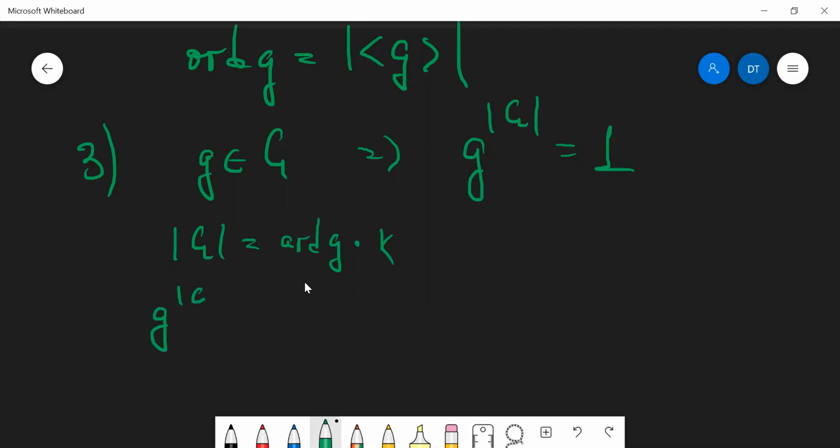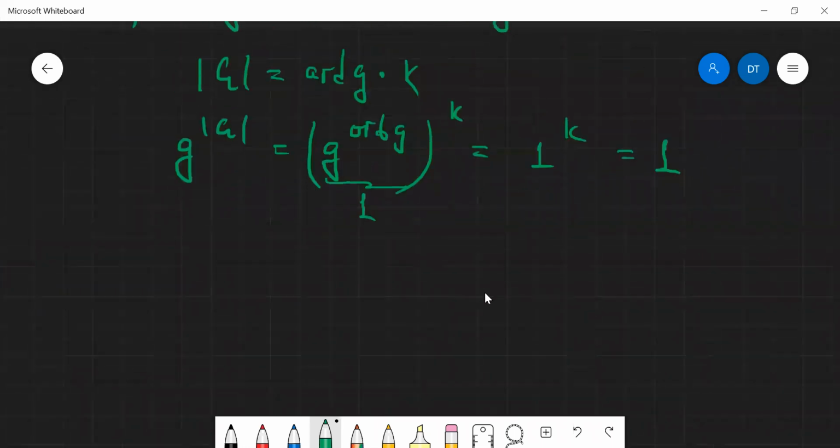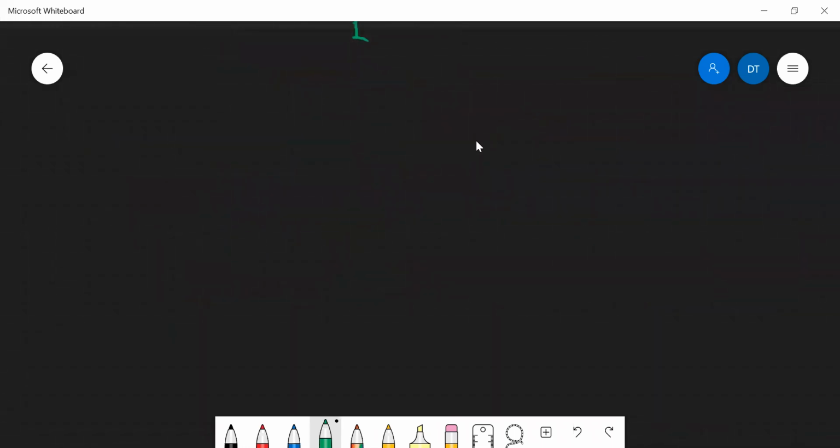So g to the power of the order of G is the same as g to the power of the order of g, then to the power k, but by definition of the order of the element, this equals 1, so 1 to the k, and the result is 1. So this is the third corollary. Now, I'm sorry, the fourth corollary is this. Suppose that G has a prime number p of elements.